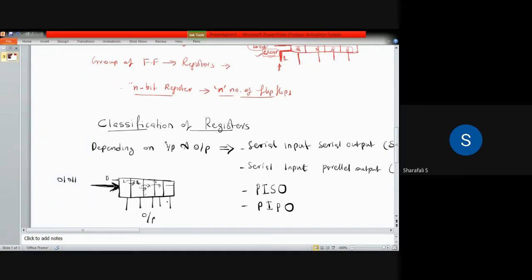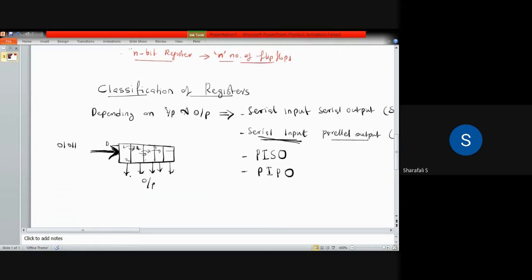That process is called serial input, parallel output. The output is taken in parallel, but the input is given serially. So here the parallel output is like this: you are taking from all the outputs, which means this is Qn, from each of these flip-flops. Now, what will be the parallel input and serial output? It's just the opposite of this.